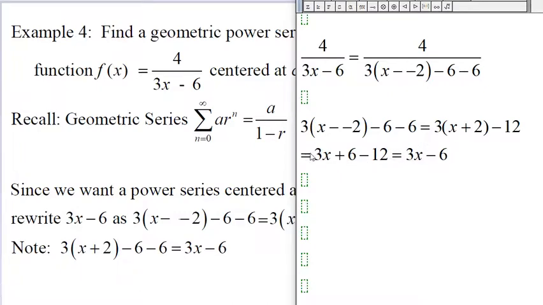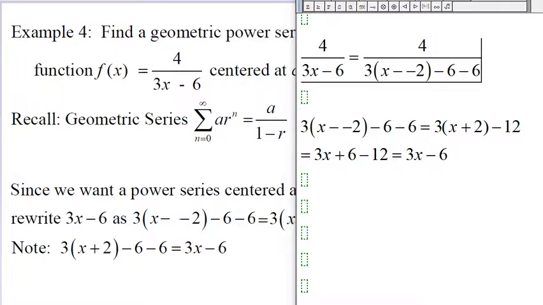So again, because we want the power series representation centered at negative 2, we have to do x minus negative 2, which is x plus 2. We inserted a plus 2 in here, which means we added 3 times 2, which is 6, to this expression, so we need to take away 6.